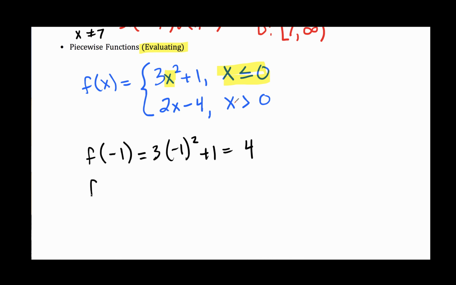If I wanted to evaluate f of +1, I'm going to go ahead and put that in my second piece because +1 is greater than 0. So when I put that 1 in for my x in the second piece, I get 2 times 1 minus 4, 2 minus 4, which is -2.